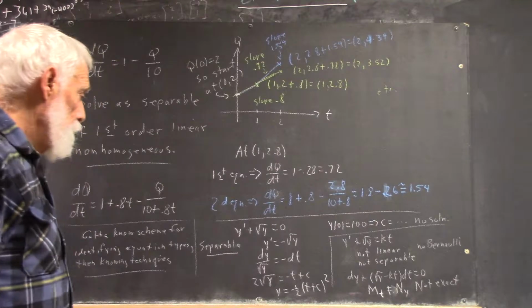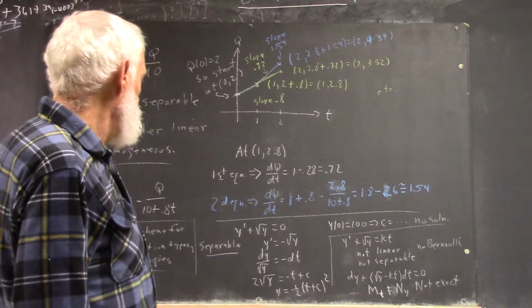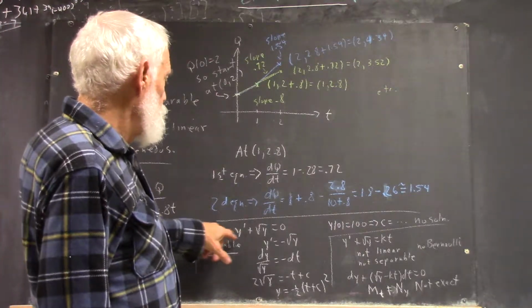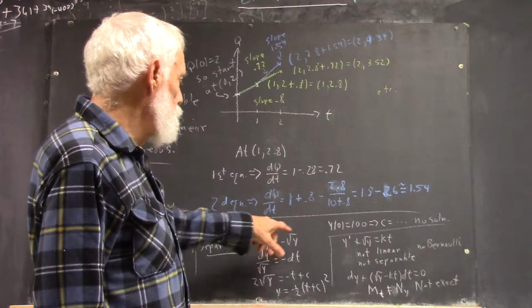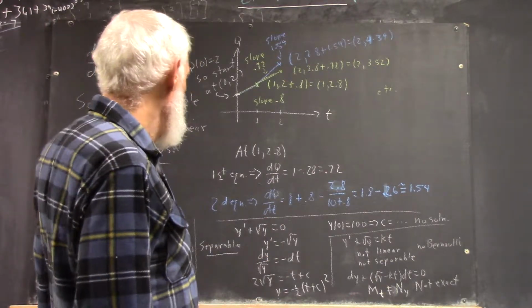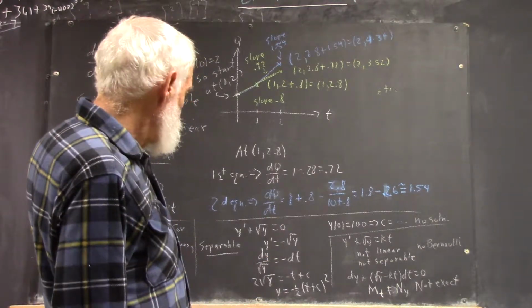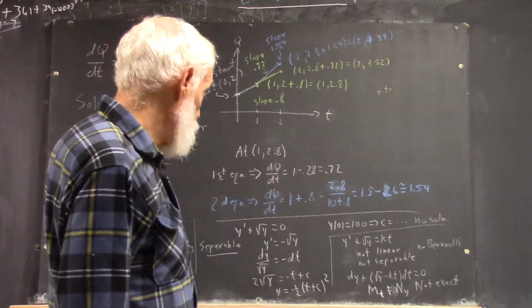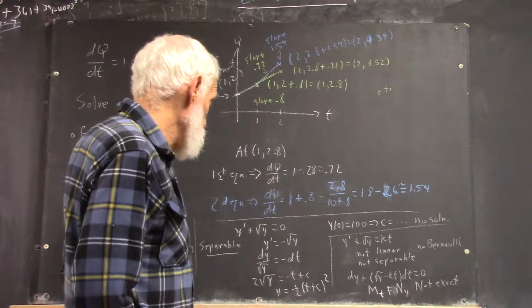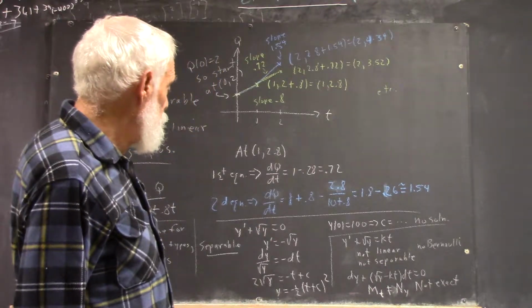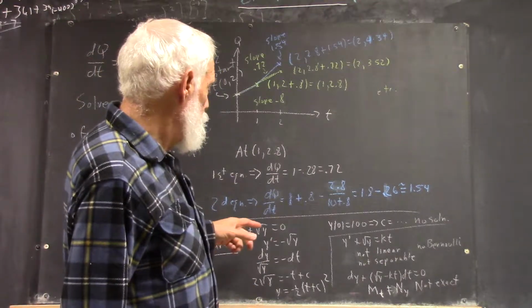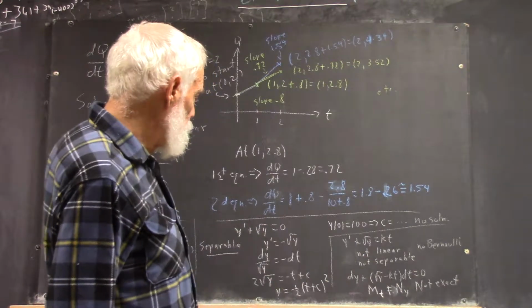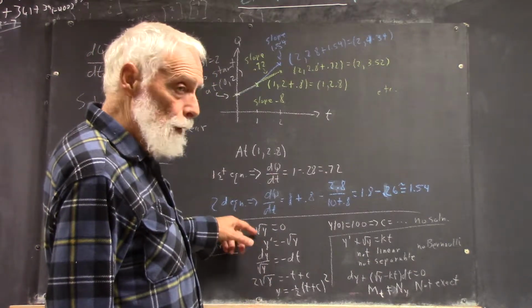Okay. Now, another problem, we have the equation y prime plus the square root of y equals 0. And I should have done y prime minus the square root of y equals 0, as you'll see in a minute, but this is something we can easily enough solve. We rearrange to y prime equals negative square root of y, and of course y prime is dy dt.